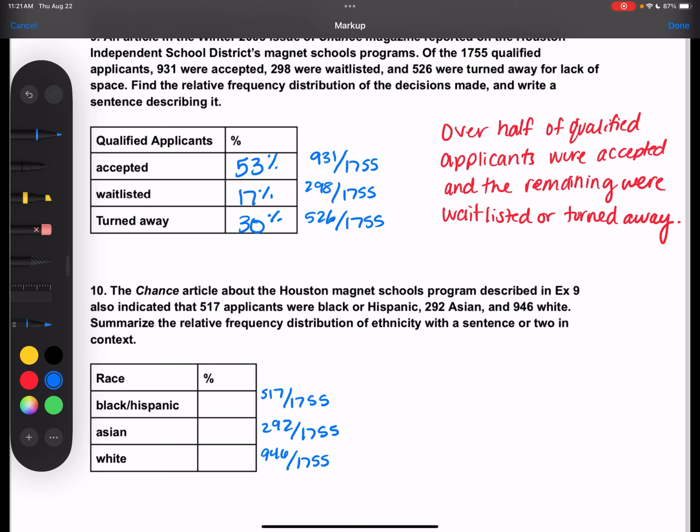And so that first one is 29%. Second one is 17%. And the last one is 54%. So, what do you think about our concluding sentence on this one?